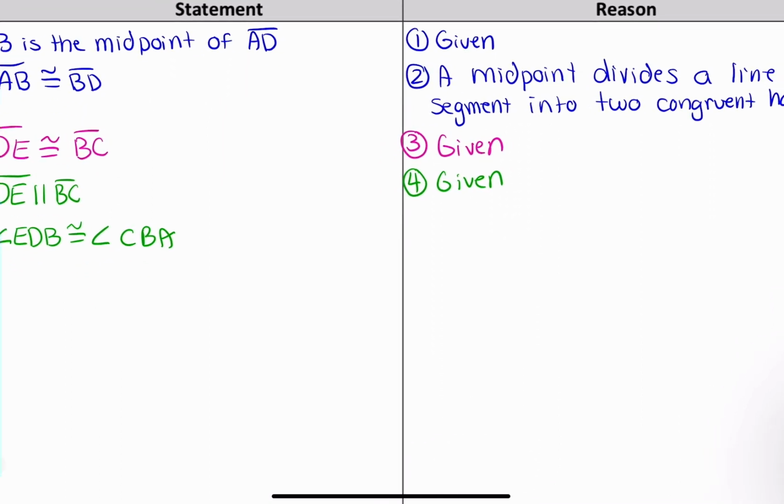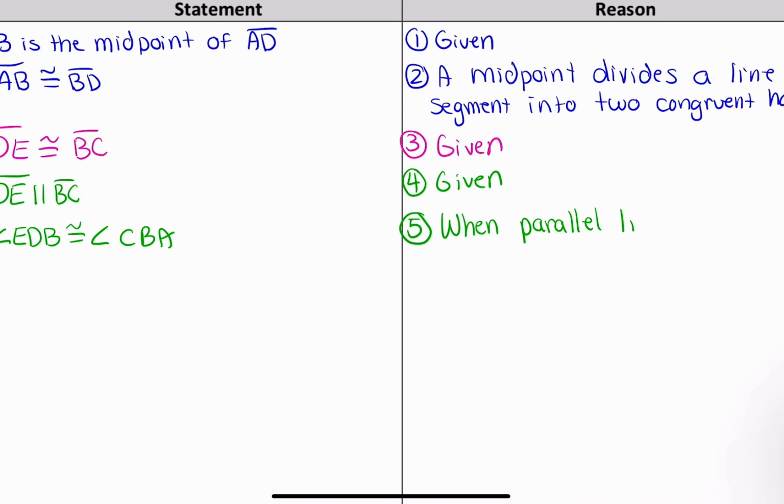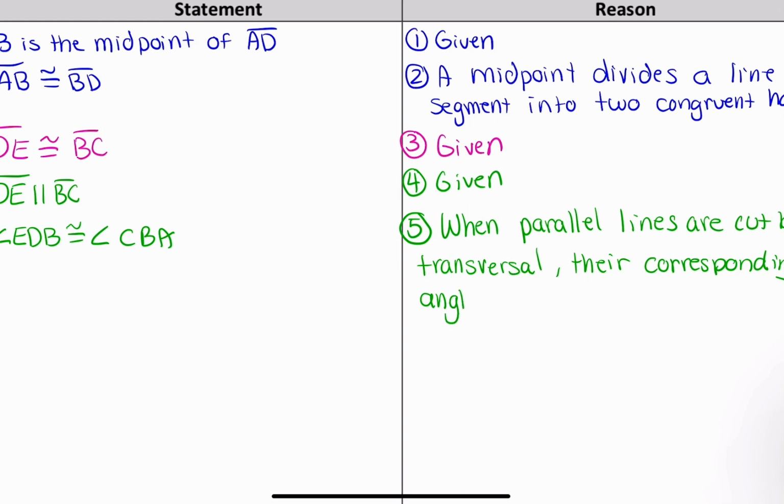And we're going to do exactly what we did before. We're just going to change out the relationship. So when parallel lines are cut by a transversal, their corresponding angles are congruent.